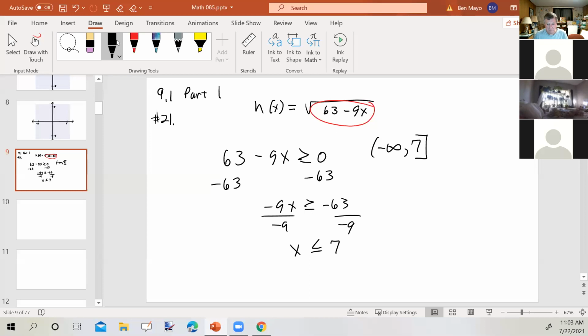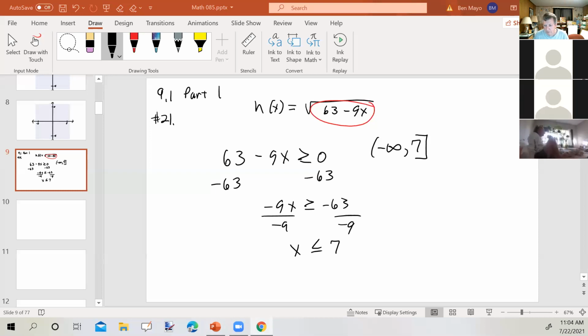Could you do the one with the graphing? Yeah, it was number, I believe, 22. Oh, I was looking for my paper. The one where it says graph the function, 19.